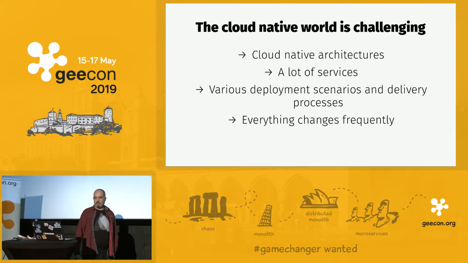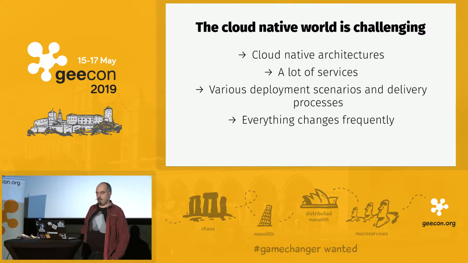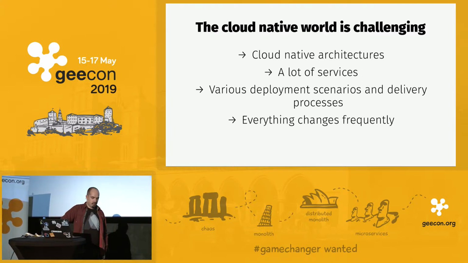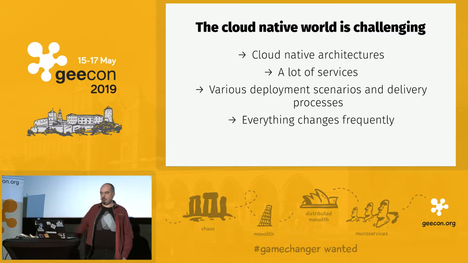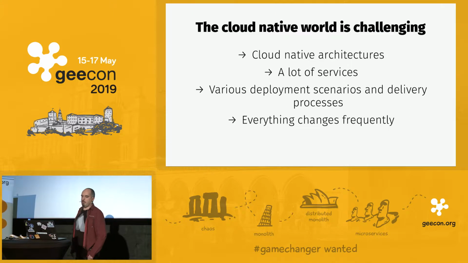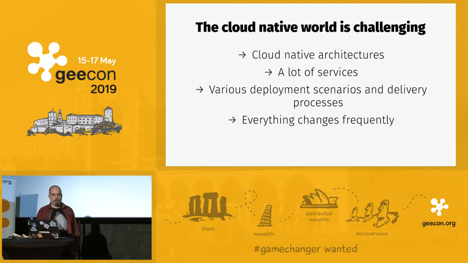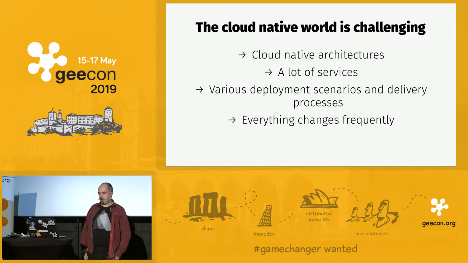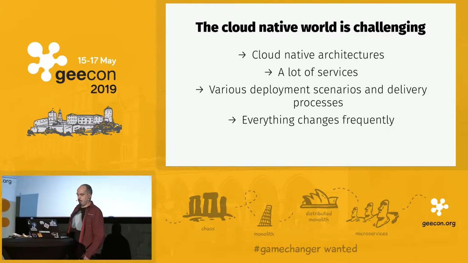That also has a lot of deployment scenarios. So you can deploy to Kubernetes somewhere in the cloud, be it Azure, Amazon, Google, or something that's on-premise at your company. Or you can use one of the various cloud providers like Amazon ECS or Pivotal Cloud Foundry or anything other like Heroku.